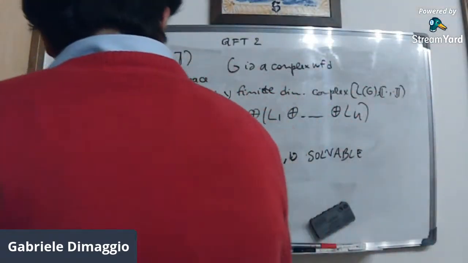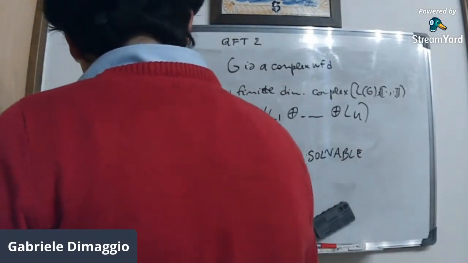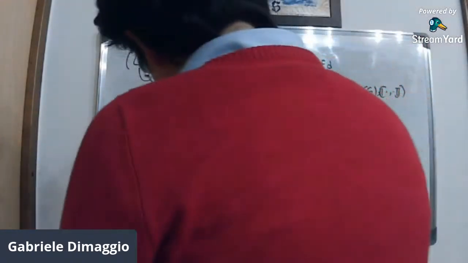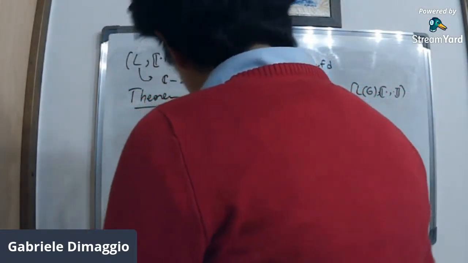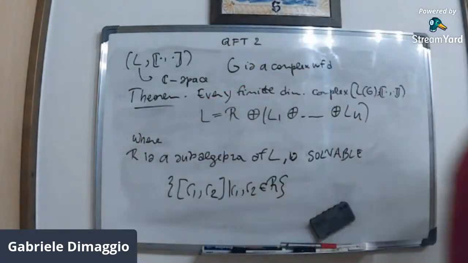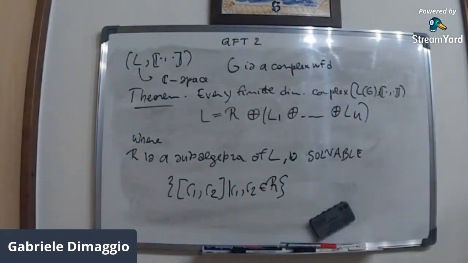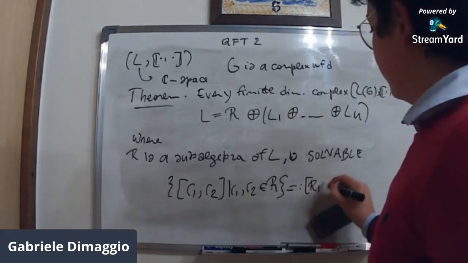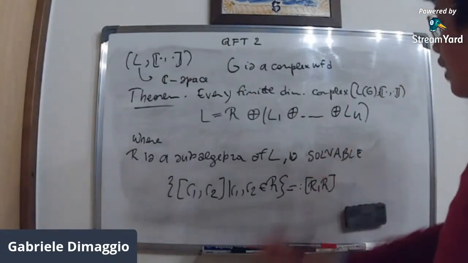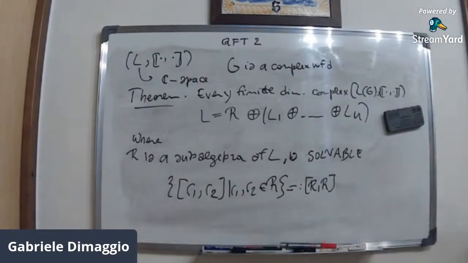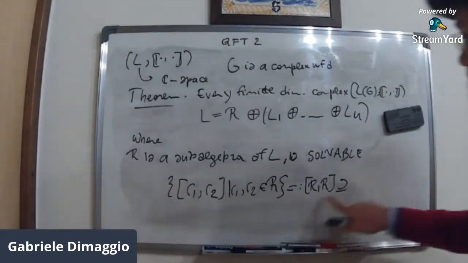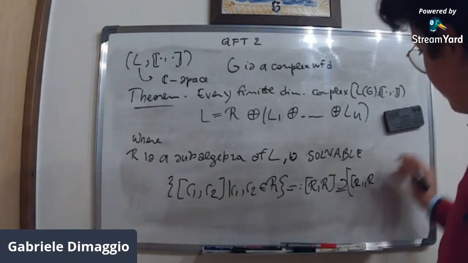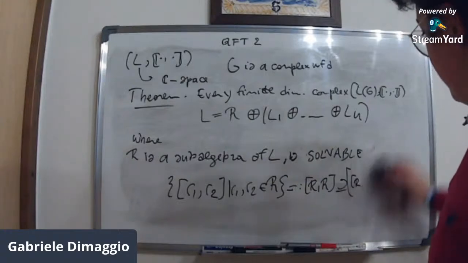The set of all commutators between two vectors R1, R2, such that R1 and R2 are in R, is defined as the commutator between R and R, and this is a subset of R.